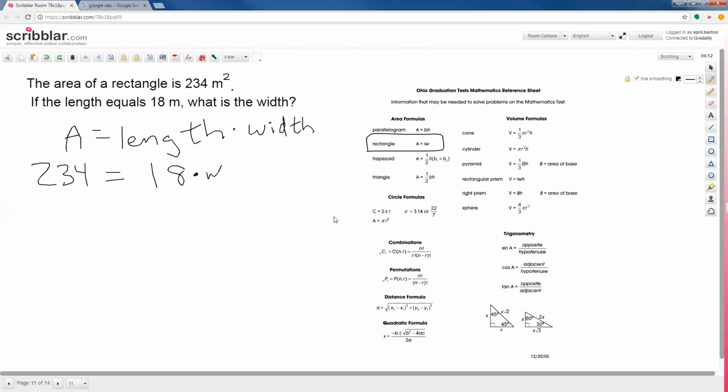So how can we find the width? What's our opposite operation? When we're working with equations, we always do the opposite. Good, division. So we're going to divide by the 18. We want to get rid of the 18 that was next to the W, so we move it to the other side.